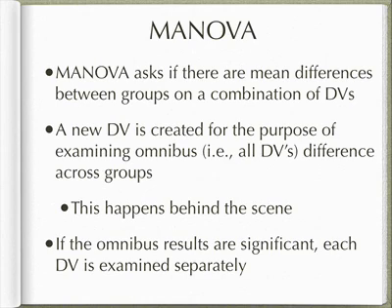What happens at the multivariate level is exactly the same as another statistical procedure called discriminant analysis. And in discriminant analysis, the grouping variable is the dependent variable.